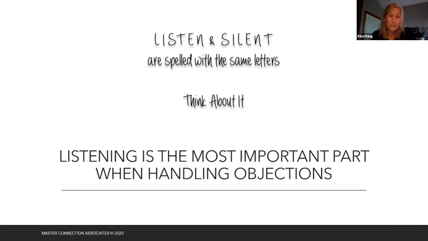And so this seems really easy. Like I would say, just listen, right? But in reality, I think if we were honest, we don't really do this very well. We don't pay attention. We're often thinking about what we're going to say next, particularly in this situation with an objection, because we're kind of on the hot seat, right? We've got to fix something. And so we immediately start thinking about what we're going to say.